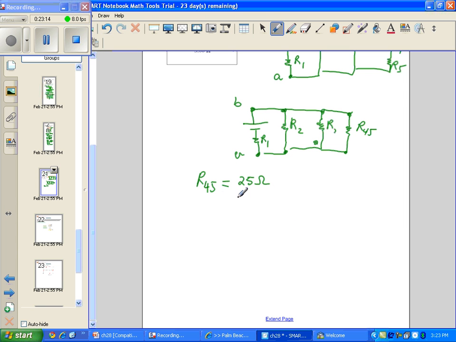All right, well, we have 1 over R2, 3, 4, 5.